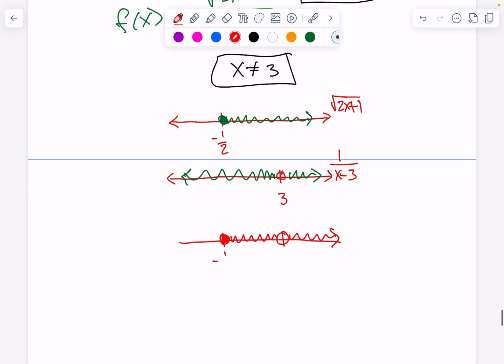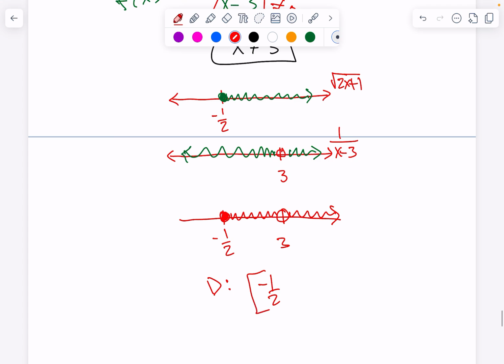And this is negative 1/2, and this is 3. So the domain is negative 1/2 with a bracket, 3, parenthesis, because it's on the denominator. Denominator never gets a bracket. Then 3 to infinity.